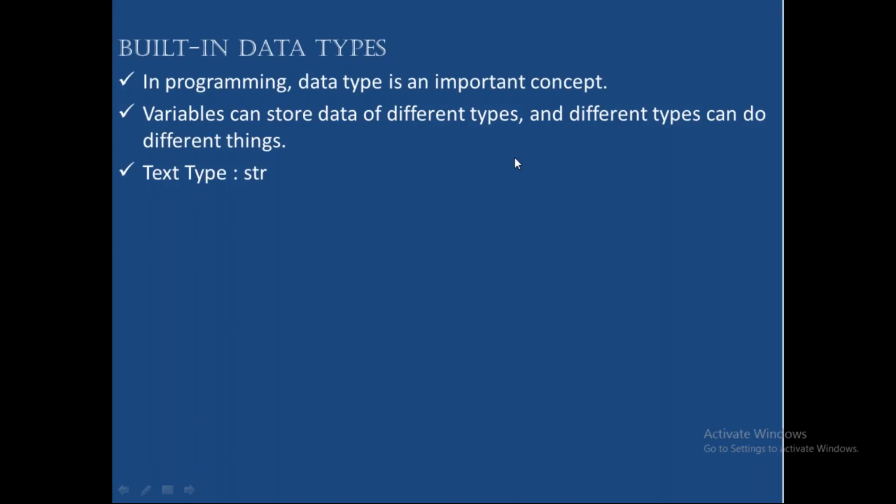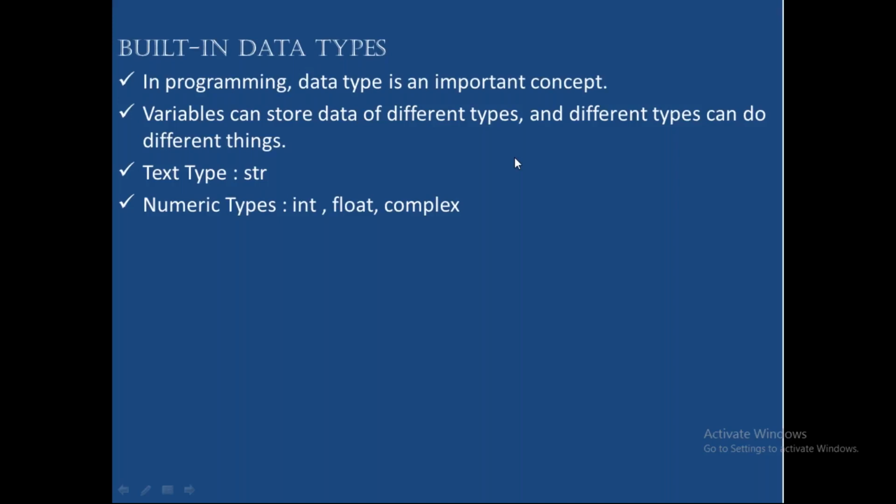For storing text, any sequence of characters, we have str, string. For storing numeric types, we have int, float, complex. 10 is an integer, 10.54 is a float, 10 plus 20j is complex.